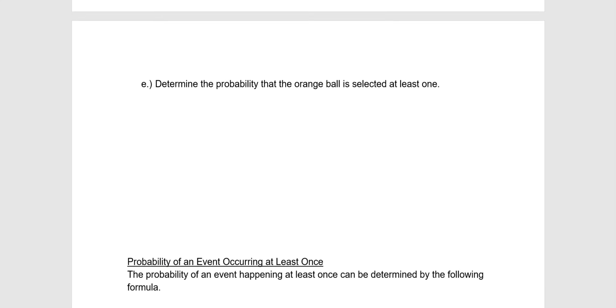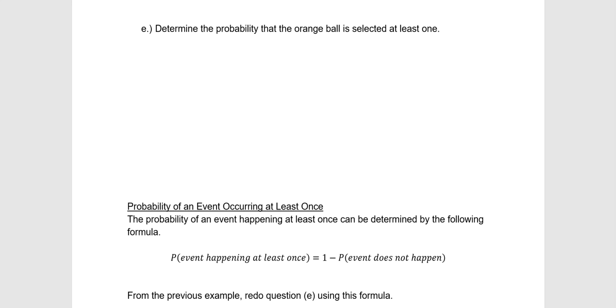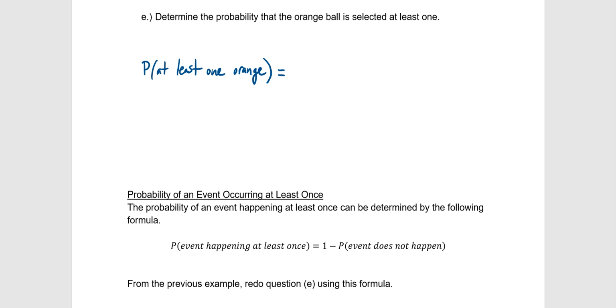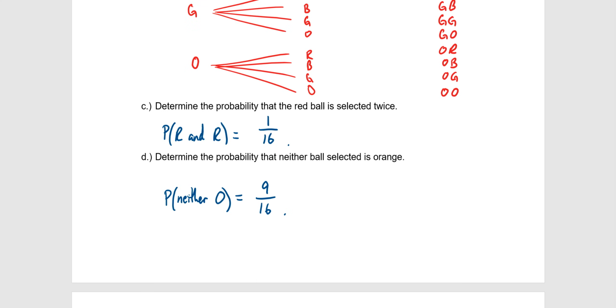And for the last one here, we want to determine the probability that the orange ball is selected at least once. So for at least one orange, that means we're either going to have one orange or they're going to both be orange. So let's go count.